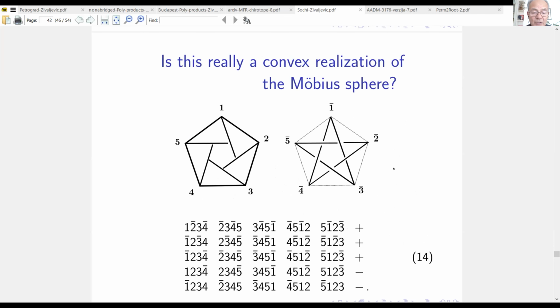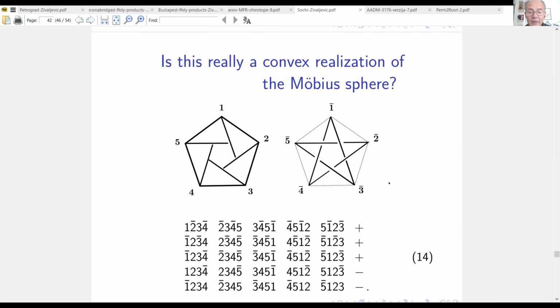So again, this picture represents the Möbius sphere as a combinatorial object. Usually in the language of Bier spheres, you have vertices like 1, 2, 3, 4, 5 here, and corresponding vertices with bars, 1 bar, 2 bar, 3 bar, and so on.